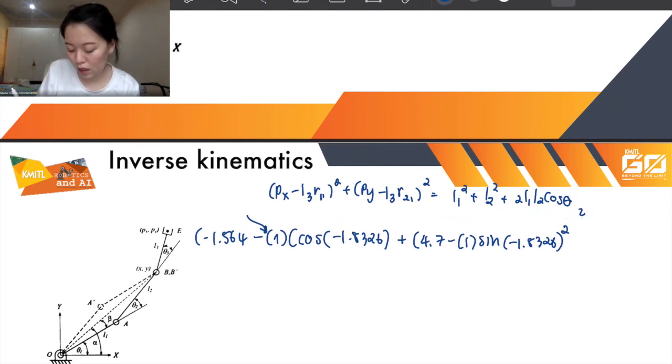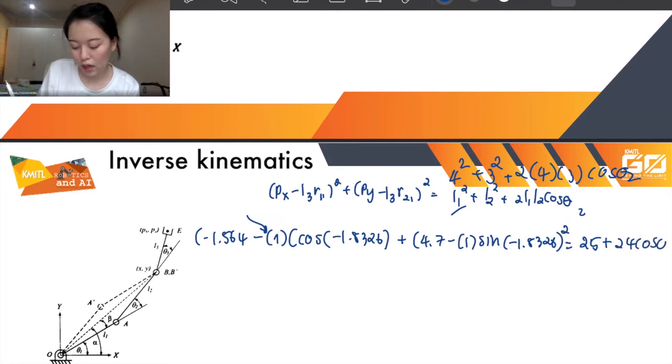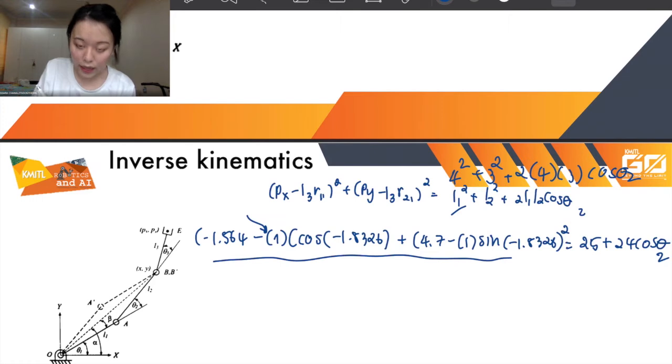And it will be equal to L1 squared, which is 4 squared, 3 squared, 2, 4, 3 cos theta 2. Okay, so it will be 25 plus 24 cos theta 2. And this term I get 8.86627.